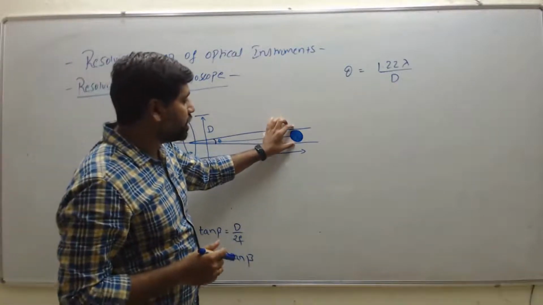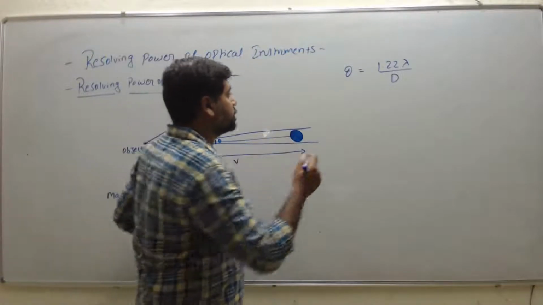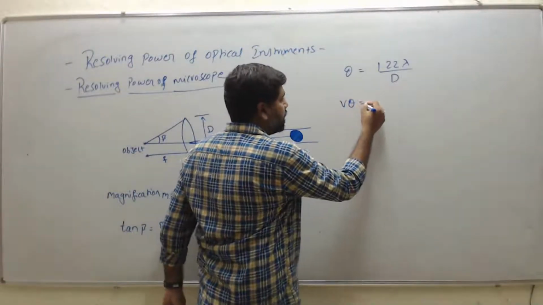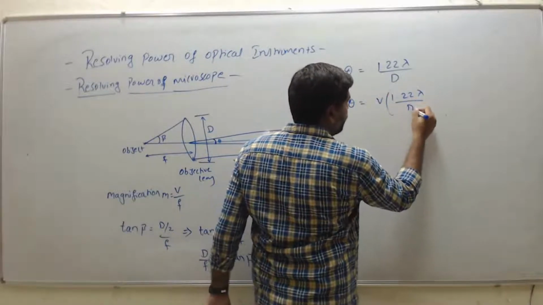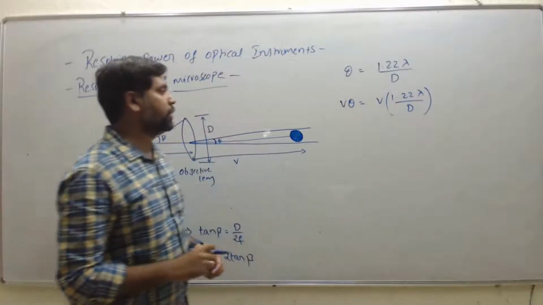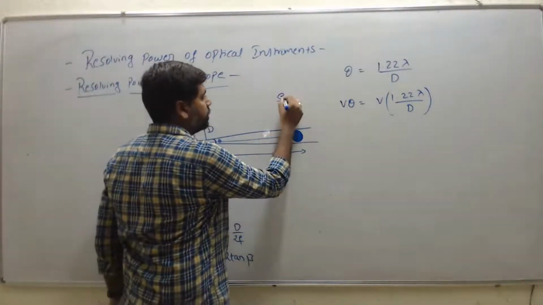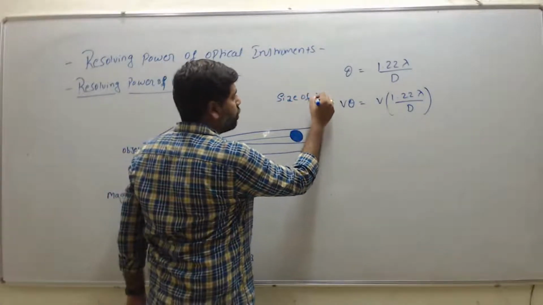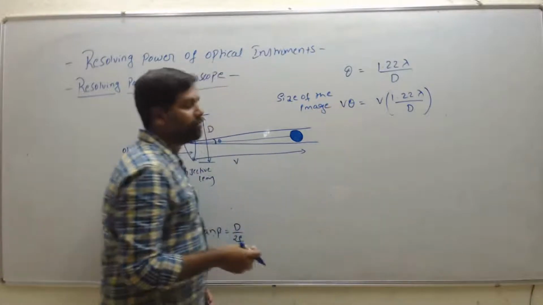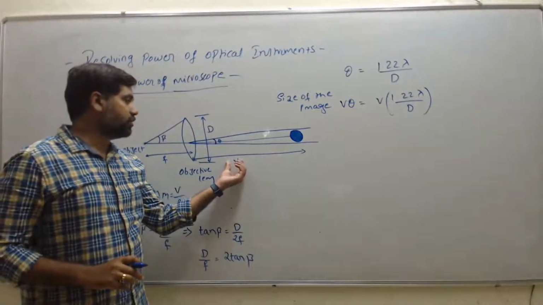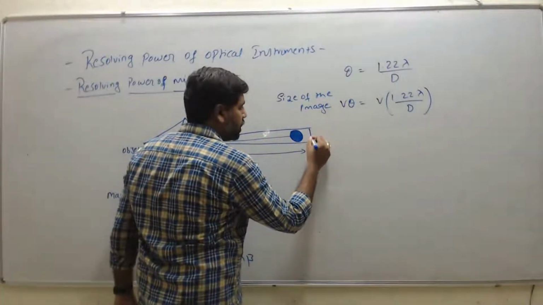So we need to find the size of the image. The size of the image is V into theta, which is equal to V into 1.22 lambda divided by D. This is the size of the image: we multiply the distance V with theta, then we get the size of the image.